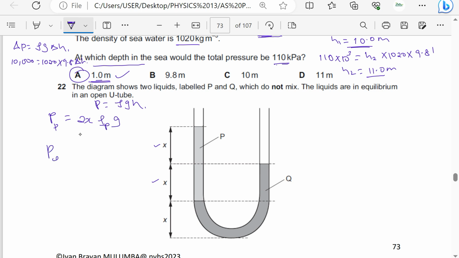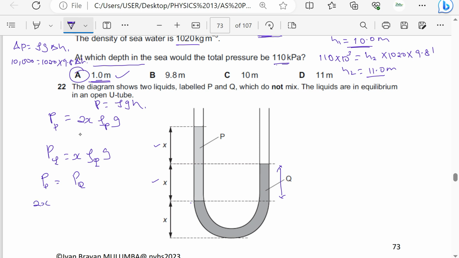Then pressure due to liquid Q is going to be the depth. This is the height of liquid Q above this level. So it is going to be X times density of Q times G. Of course, at equilibrium, the pressure on both sides must be equal.